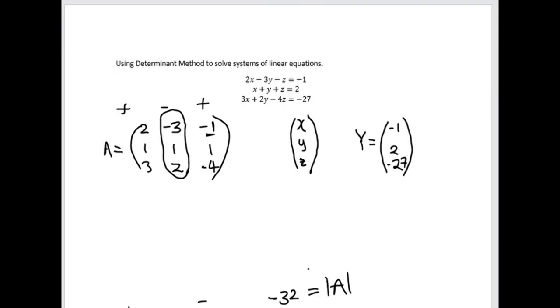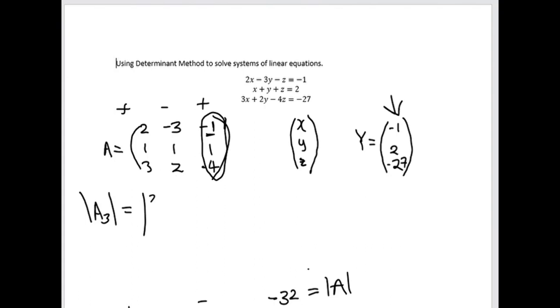The next thing I'm going to do is to get my A3. So the determinant of my A3 will be to replace this third column with my Y matrix. So this will be equal to 2, 1, 3, minus 3, 1, 2, -1, 2, minus 27.